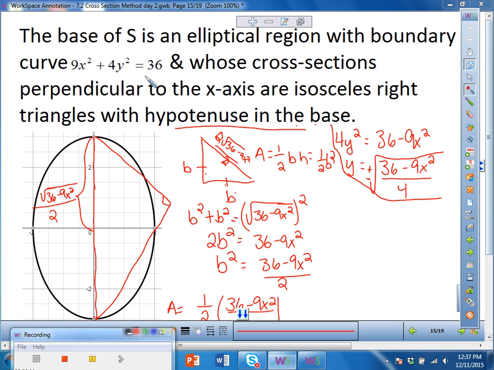Well, it's an ellipse. To write it in standard form, I divide everything by 36 because I need this to be 1. So x squared over 4 plus y squared over 9 equals 1. And this tells me the distance from the center along the x-axis, how long it is. So that's how we know it goes from -2 to 2.